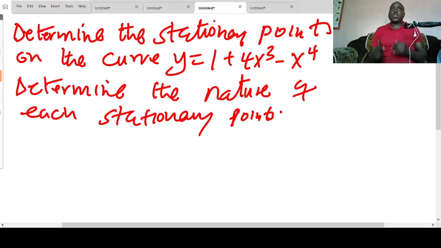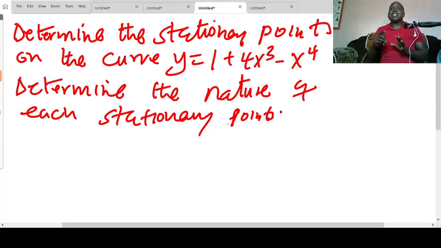First thing, you differentiate, you get a gradient function. You equate the gradient function with 0. That helps you to get the values of x. They can be 1 or 2, it depends how the question has been set. But mostly you will get two values of x, where one could be the maximum and another the minimum, or one could be the maximum or minimum and another a point of inflection.